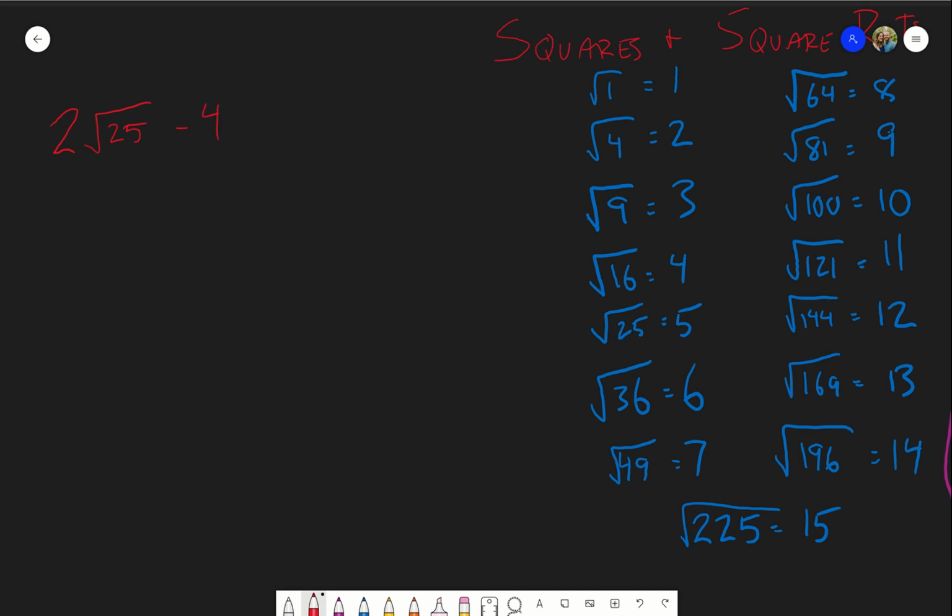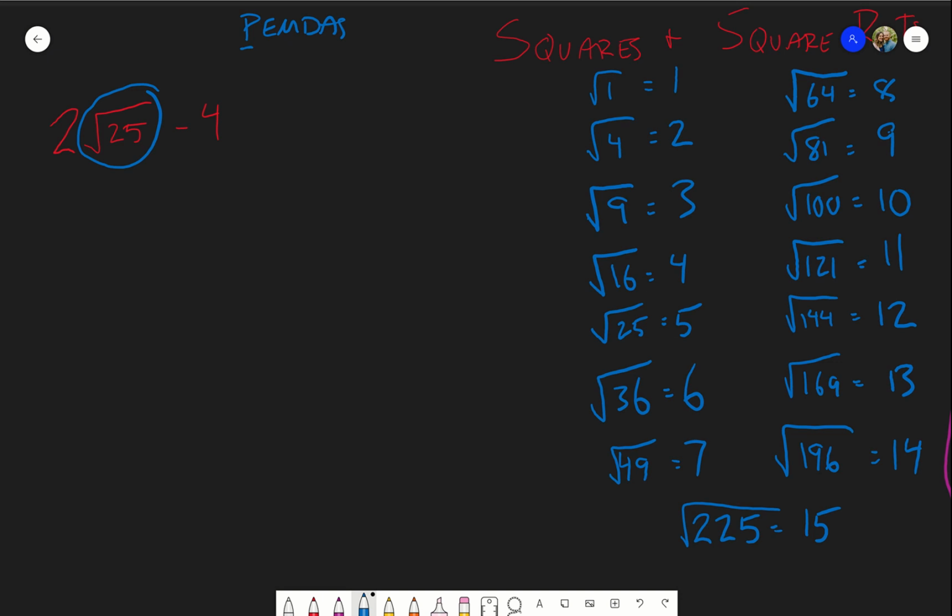All right, 2 times the square root of 25 minus 4. Square roots here fit into the P in PEMDAS. Square roots are like a parentheses. You need to solve everything inside and then solve that square root before you can move on.